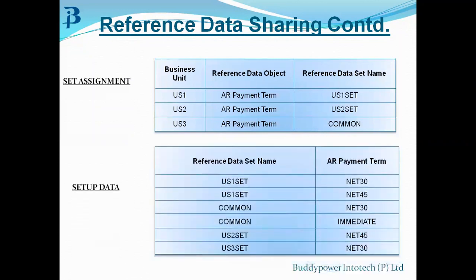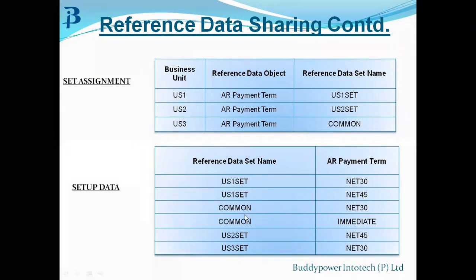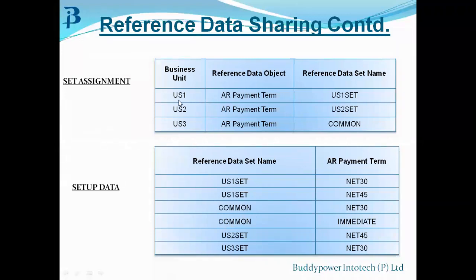So the US1 set has been given access to 2 payment terms, which are net 30 and net 45. And under one common set, you can have access to net 30 and immediate, which, as you correctly said, is accessed by all 3 business units.